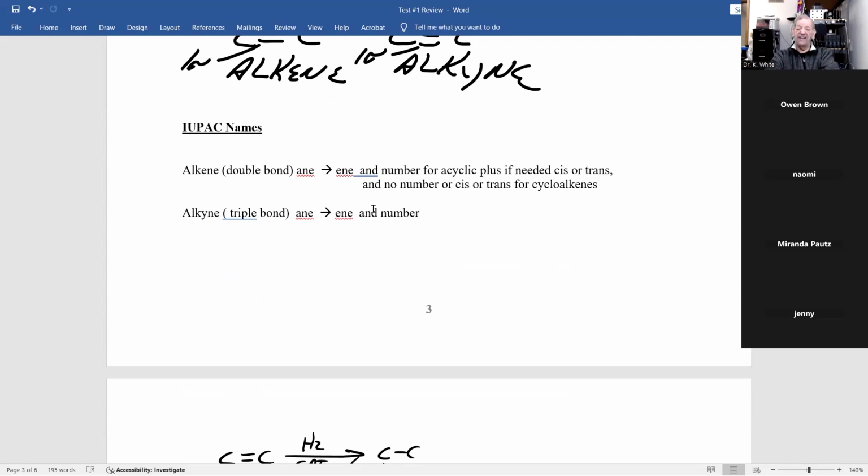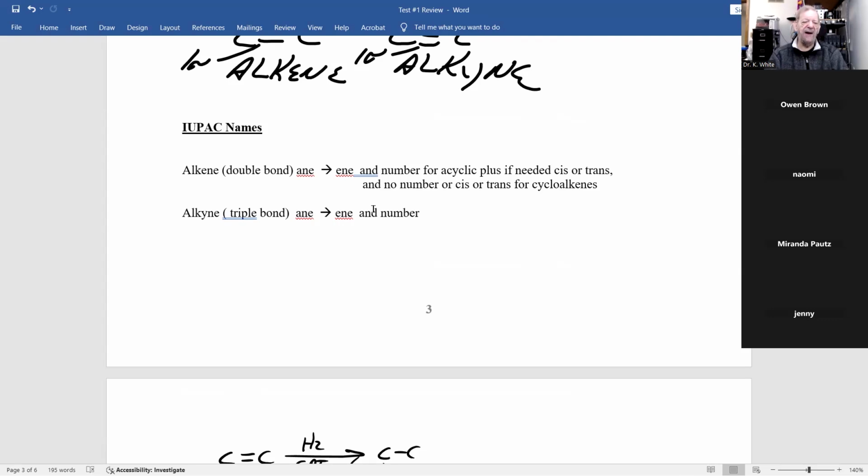Plus, if needed, is it cis or trans? And no number or cis or trans for cycloalkenes, because the cycloalkenes we have in our class, and I've only seen, except for one many, many years ago in an obscure paper, are always cis.